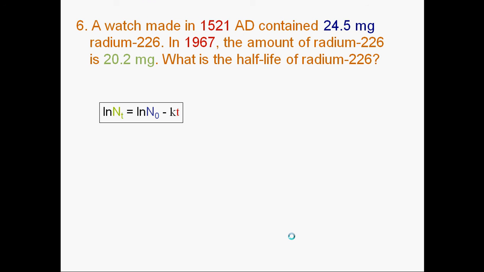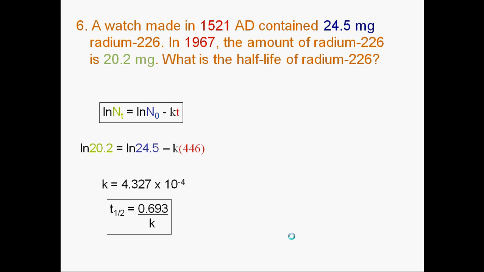So again, let's plug in everything that we know. We know our ending amount of radium-226 is 20.2 milligrams. We know that our starting amount was 24.5. And we know the number of years that have gone by just subtracting the two dates from each other, 1967 minus 1521. So we determined that this watch is 446 years old.